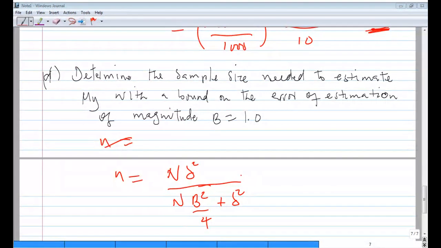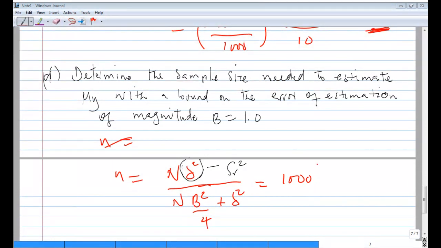That is the formula. Then you substitute population size, again 1000. Because here we don't have the population variance, you use the estimated one, isn't it? You have to use this one. Are we together?